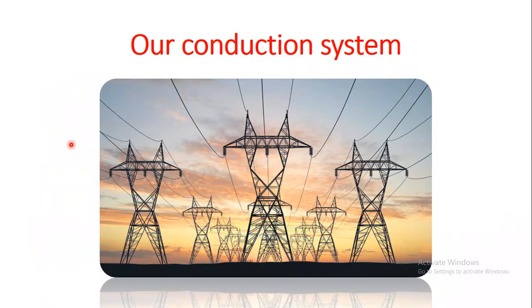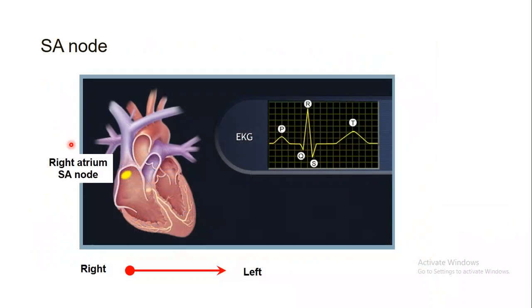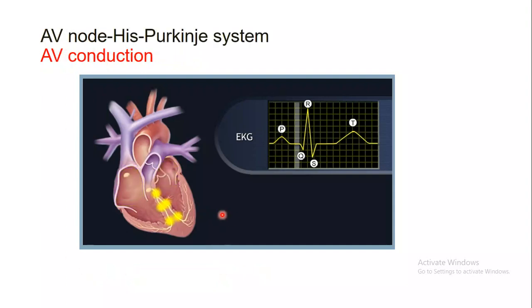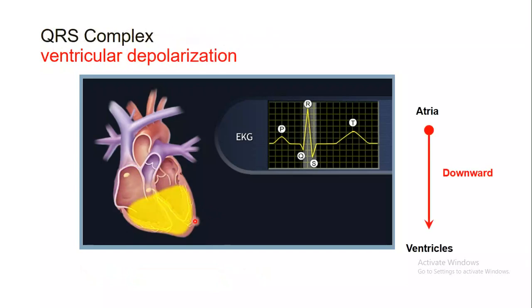So starting with background on our conduction system. As we all know, the electrical activity of the heart starts at the pacemaker of the heart, which is called the SA node in the right atrium. Then the depolarization wave travels along the atrial wall from right side to left side, then along the conduction system, His-Purkinje system, to both ventricles, causing depolarization of both ventricles.